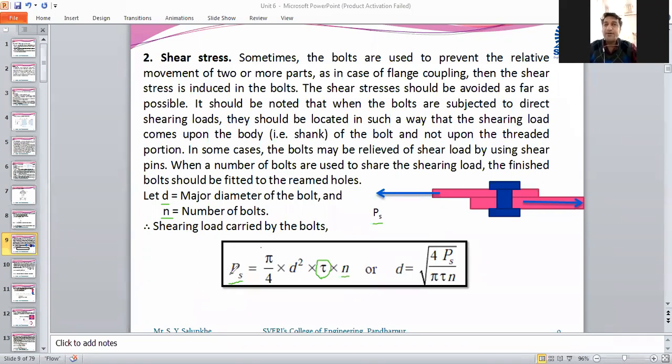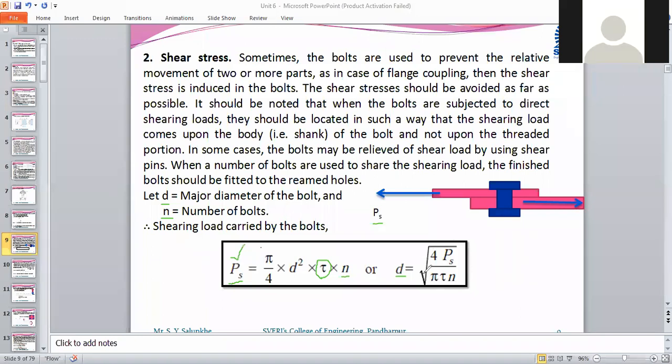That will be the shear force which will be sustained by the bolted joint.